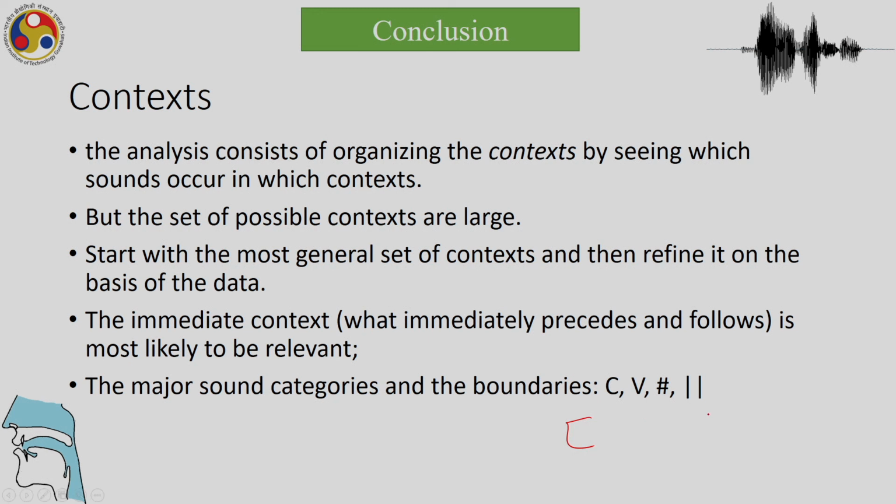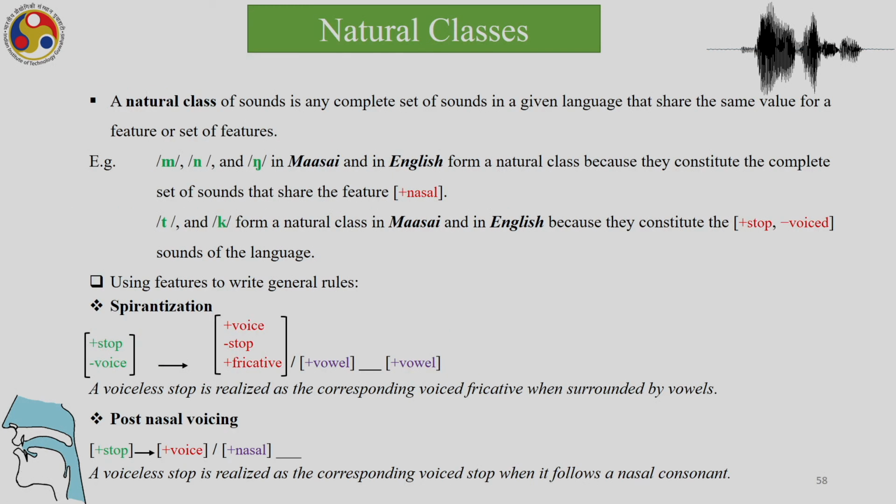Also, the square brackets show the beginning and the end of a rule. Something we will introduce here is the idea of a natural class, and we will study features in more detail, but we have to give an idea about what natural classes are. The idea of natural classes was developed within generative phonology, and a natural class of sounds is the complete set of sounds in a given language that share the same value for a feature or set of features.